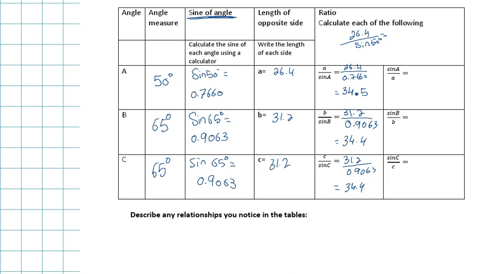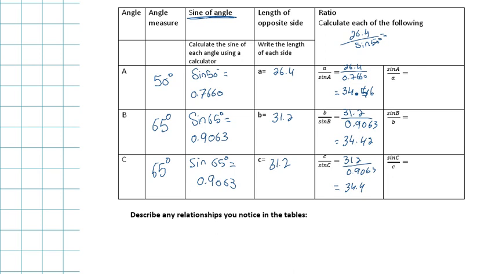Do you notice anything? They're all very close. We could say that they're all equal, because 34.46 and 34.42 are very close. The reason they're not exactly equal is probably that when measuring my sides or angles, I have to round a little bit.